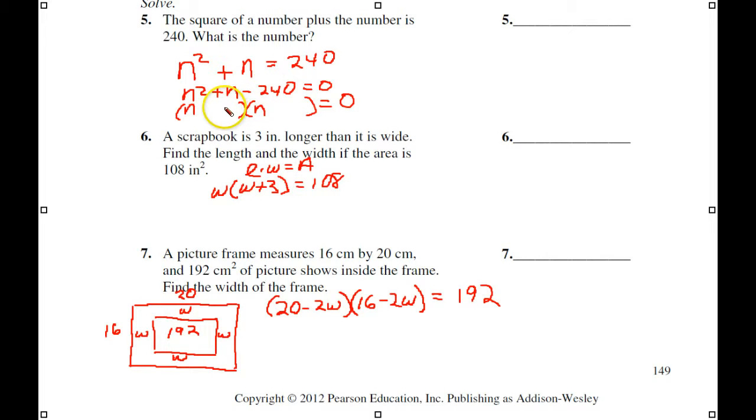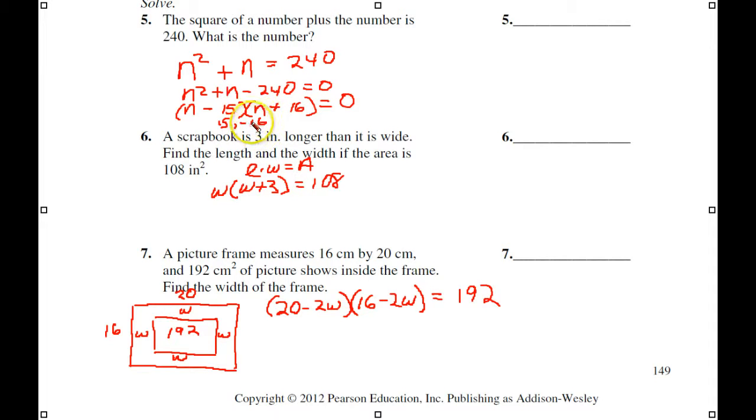I happen to know that there are 15 and 16. We're looking for a plus in the middle, so this will be a plus, and this will be a minus. And then can you see our answers are 15 and a negative 16.